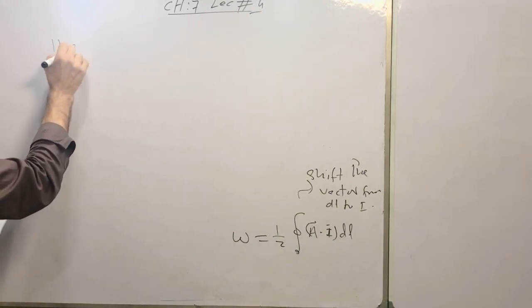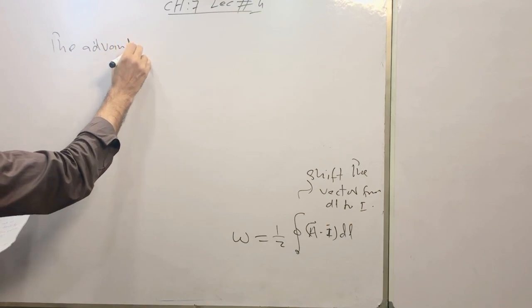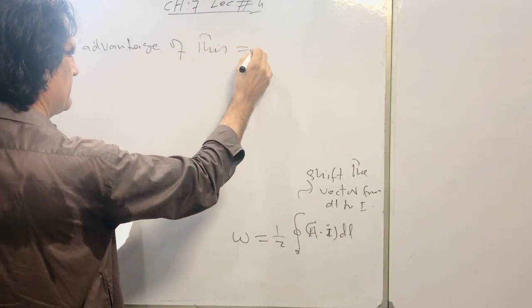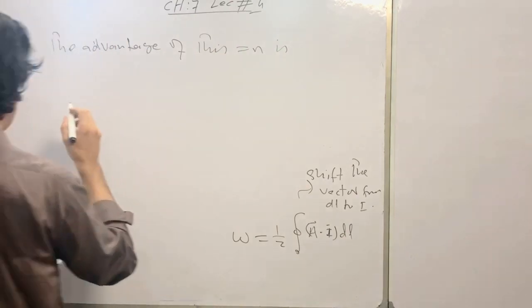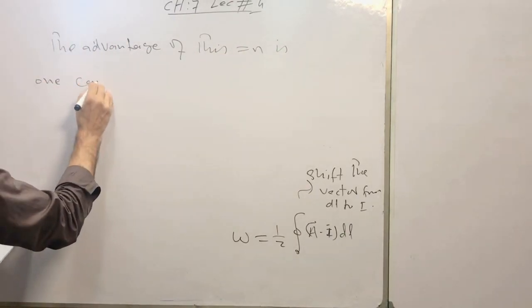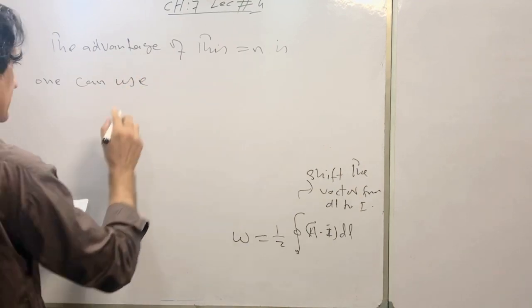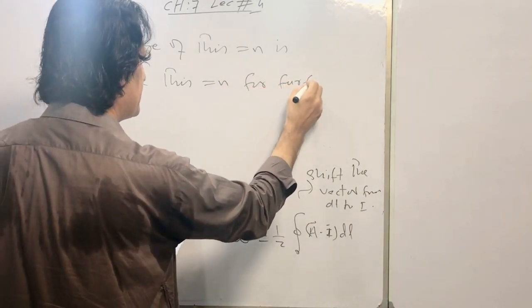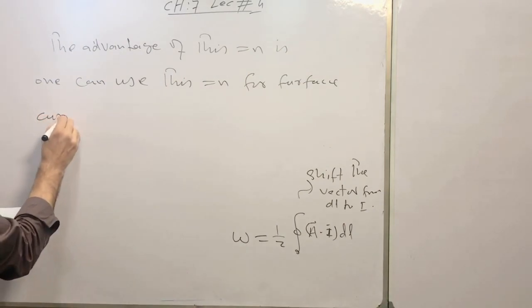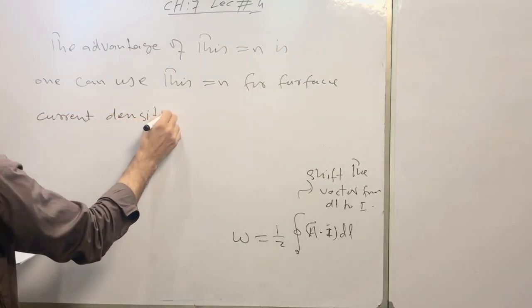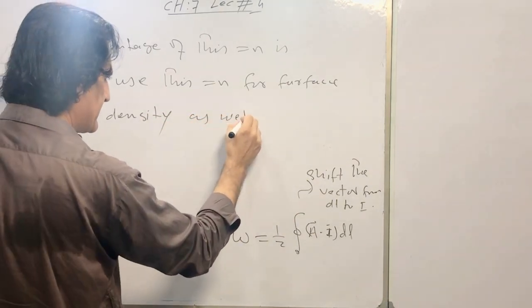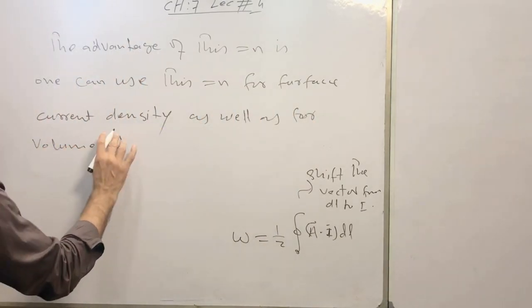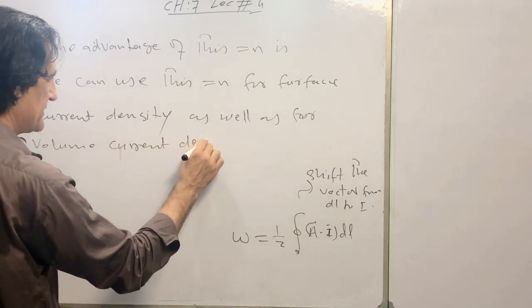The advantage of this equation is that one can use it for surface current density as well as for volume current density.